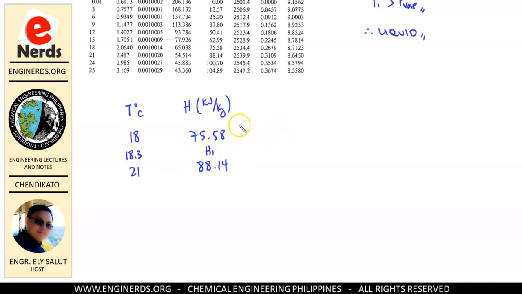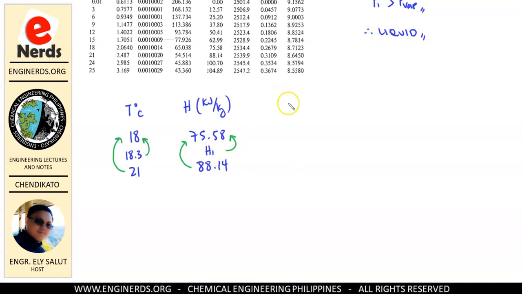Okay, so I'm going to subtract first itong H1 dito sa 75.58, and then I'm going to divide that with the difference between 88.14 and 75.58. And I'm going to do that the same here, no, sa ating temperature. So we can interpolate accordingly. Okay, so let us do that.